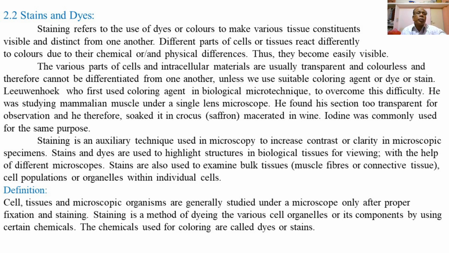The various parts of the cells and intracellular materials are usually transparent and colorless. So in a natural condition, the cells or the intracellular components are usually transparent or colorless, and therefore they cannot be differentiated from one another unless we use a suitable coloring agent, stain or dye to color them.